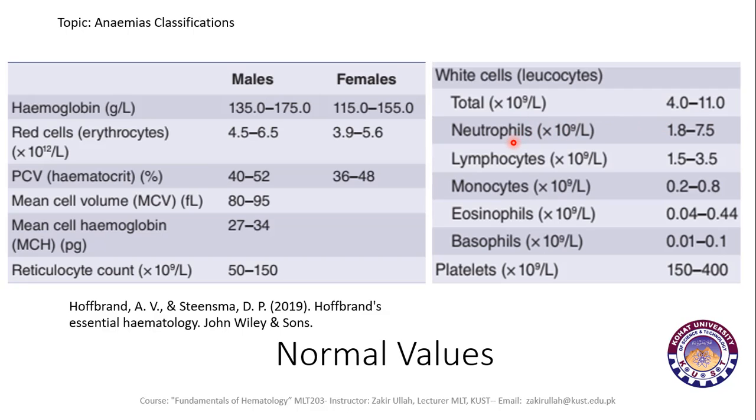Neutrophils are 1.8 to 7.5, lymphocytes 1.5 to 3.5, monocytes 0.2 to 0.8, eosinophils, and in the last, the platelets are 150 to 400 times 10 to the power 9 per liter. So these are the normal values, mostly the red cell values, which are affected and disturbed in case of anemias.